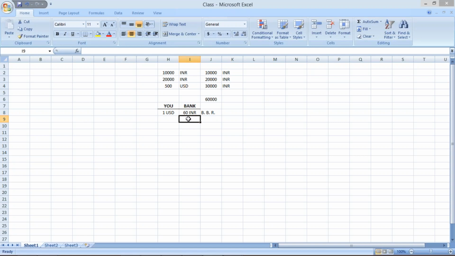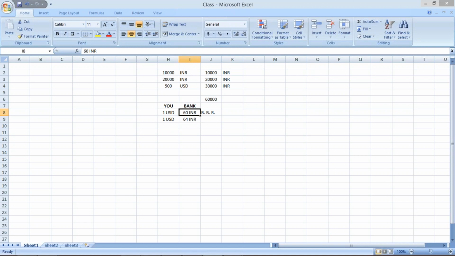But if the bank has to sell the USD, in the sense if you are planning to buy it, the bank says that I will sell at 64 INR. That is the benefit of the bank. The bank is buying at one rate and selling the same currency at a different rate, and the difference of 4 rupees is the benefit of the bank.